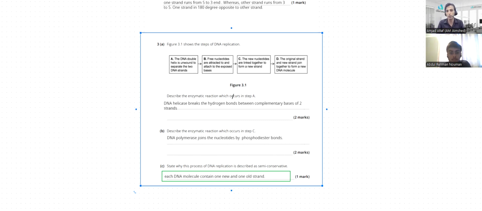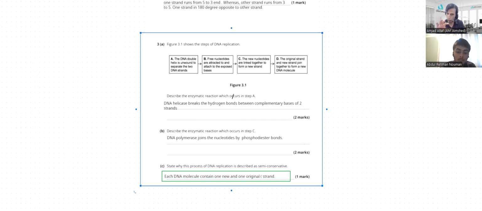I think you should write this properly. The answer should be like one original or parental strand, right? Contains one original strand. You can add even in a bracket parental strand and one newly synthesized strand.